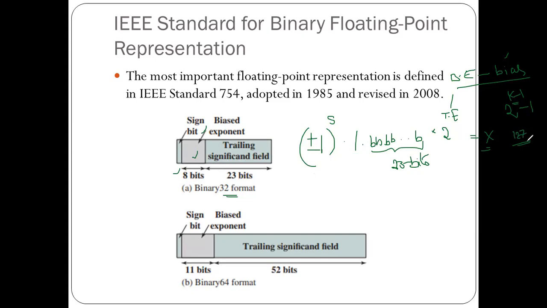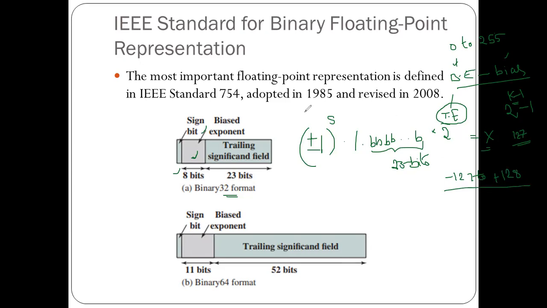As we are reserving 8 bits for the biased exponent, which can take values from 0 to 255, by subtracting 127 the possible true exponents are minus 127 to plus 128.